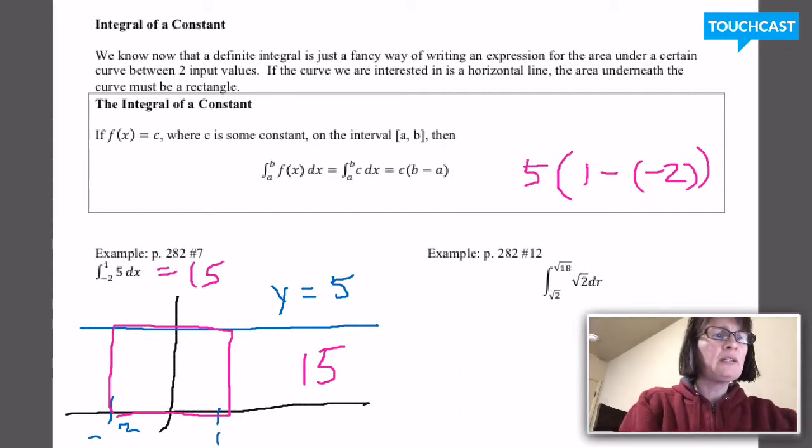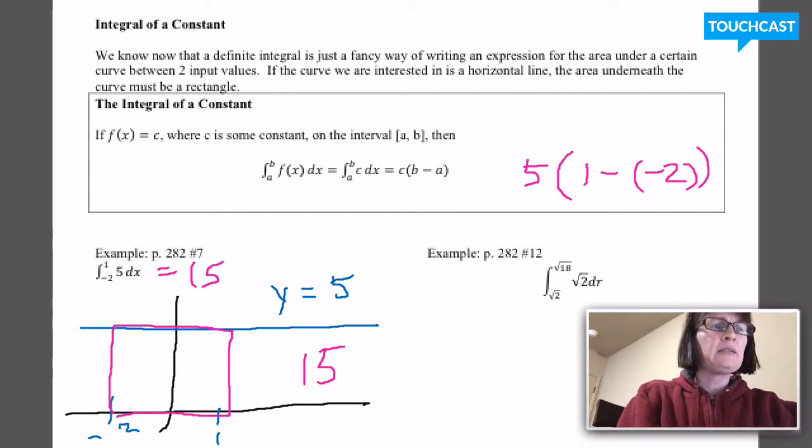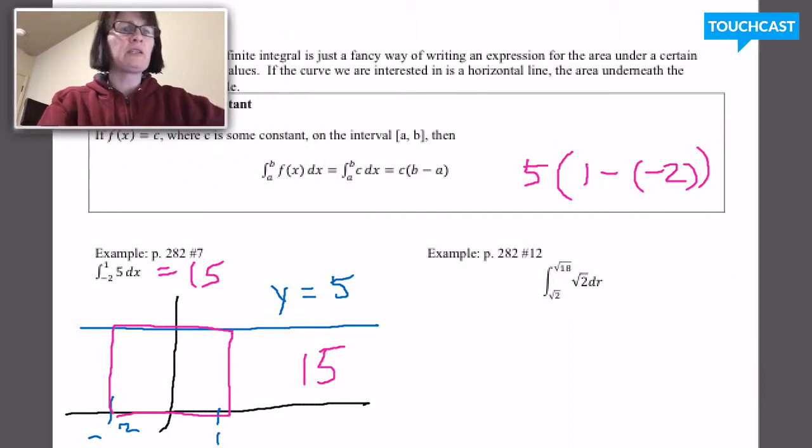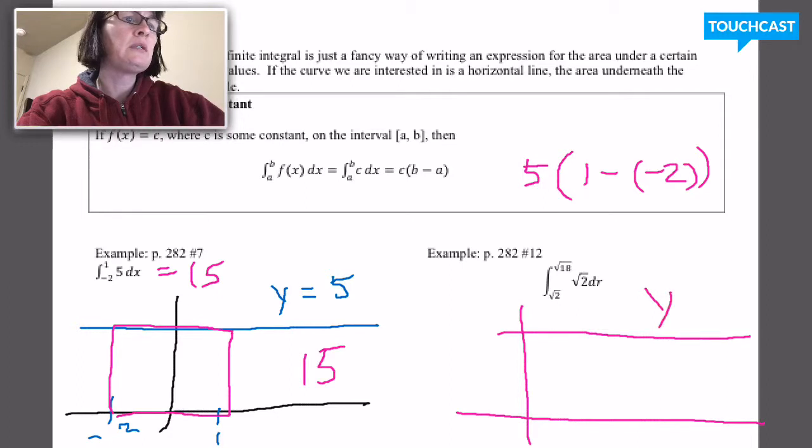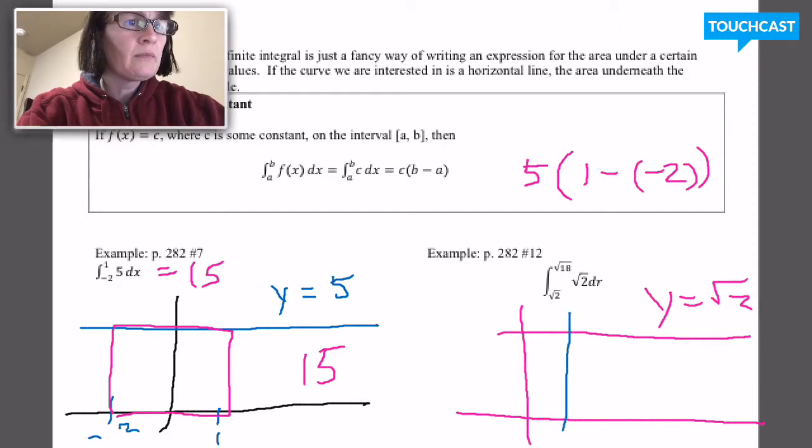The second one, similar idea, it's just I have a slightly more interesting constant function. If I want to find the area under the curve y equals radical 2, my left limit is going to be radical 2. My right limit is going to be, what, radical 18?